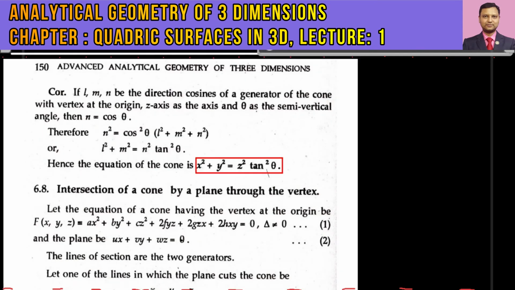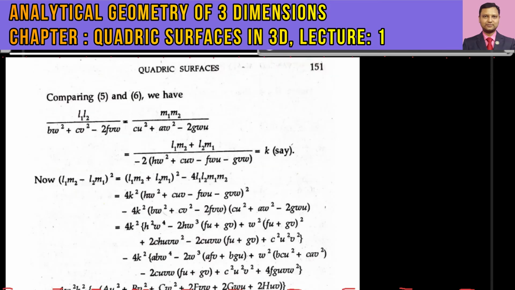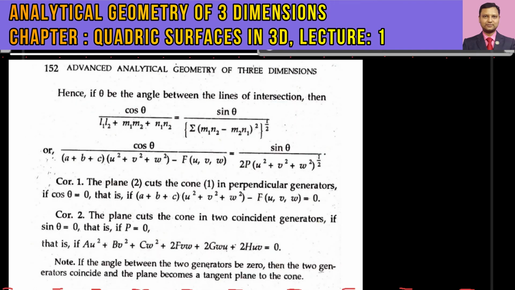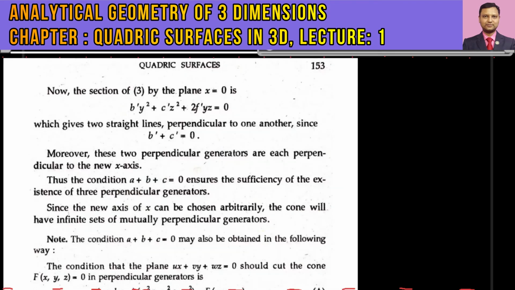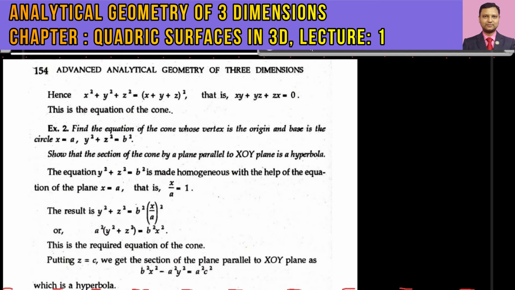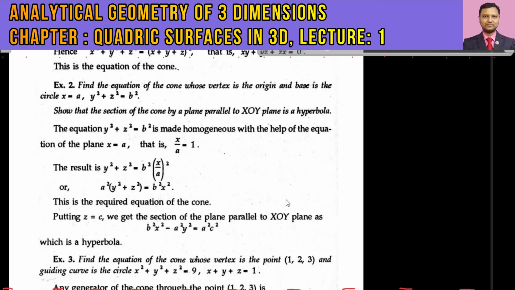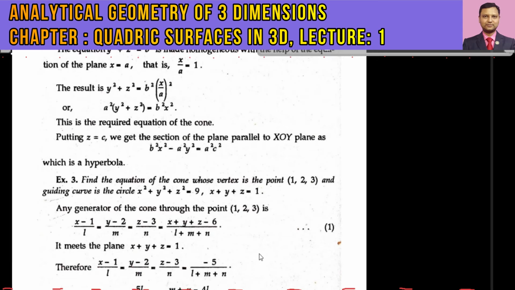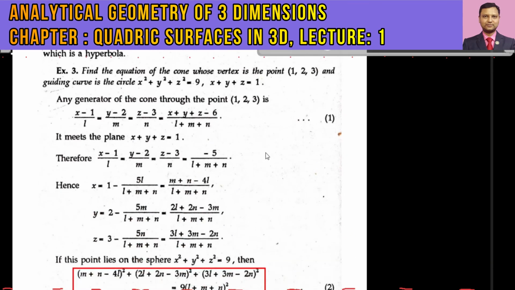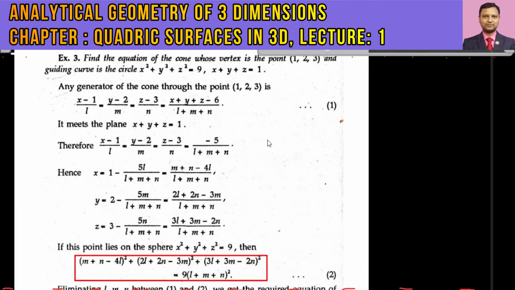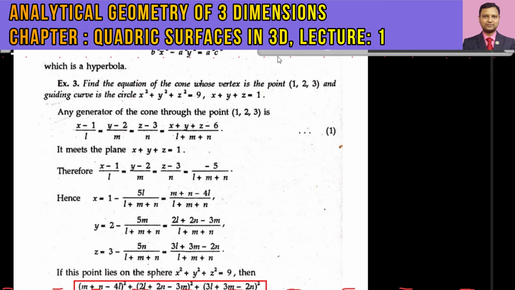So you see, let us consider this kind of example over here. Say these are examples. So consider this type of example. Find the equation of the cone whose vertex is the point 1, 2, 3.